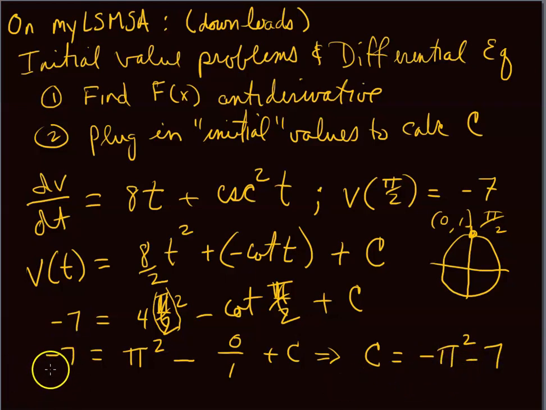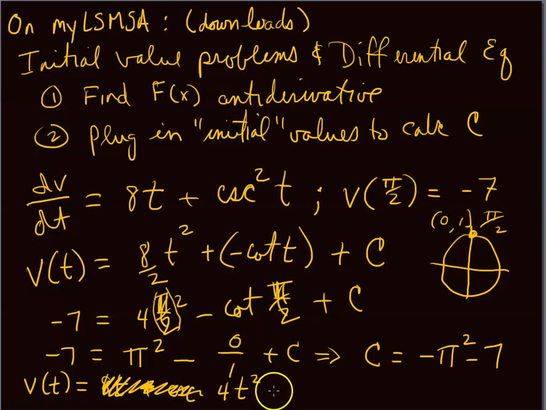See if I can squeeze this answer in here. So v of t is 4t squared minus cotangent t plus the constant, and we could write minus pi squared plus 7 in parentheses.